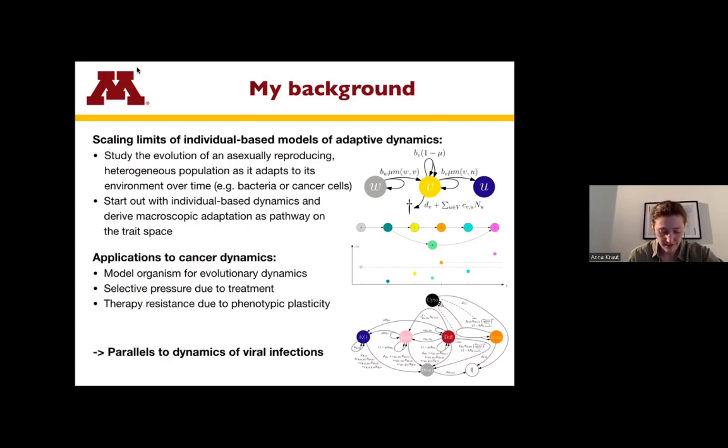Right, and so there are quite a few parallels to the dynamics of viral infections. I'm also working a lot on the immune system interacting with cancer cells, which is of course also involved in viral infections.